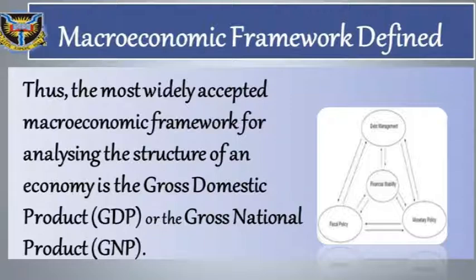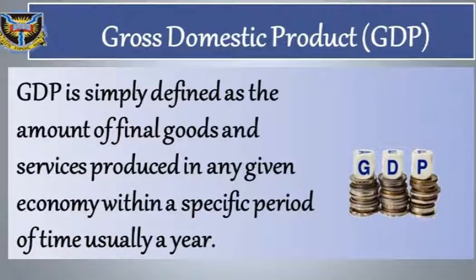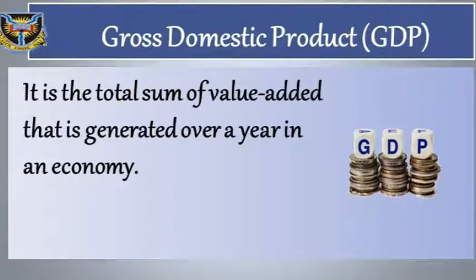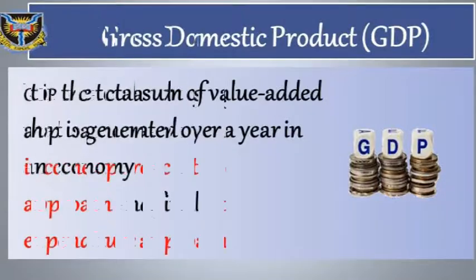GDP is simply defined as the amount of final goods and services produced in any given economy within a specific period of time, usually 12 calendar months. It is the total sum of value added that is generated over a year in an economy.